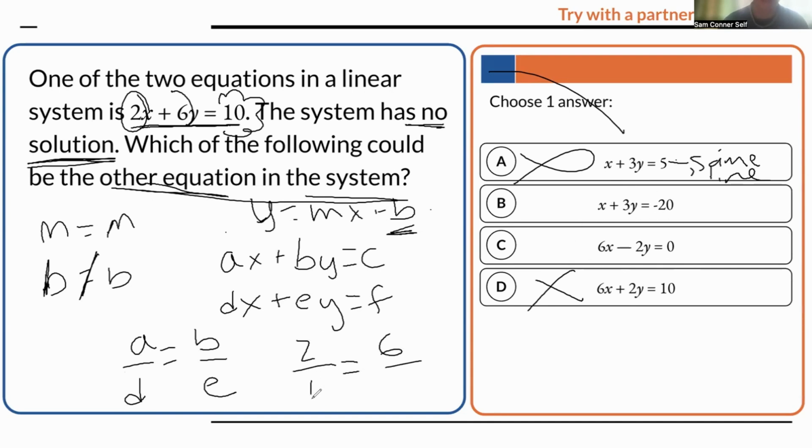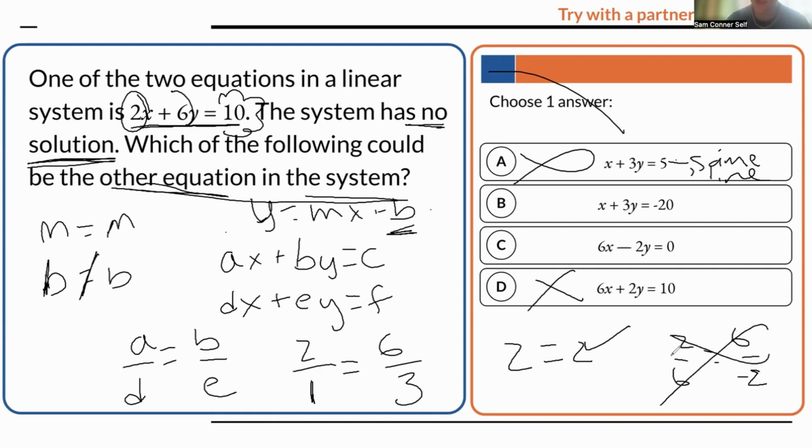So if it was going to be B, it'd be 2 over 1 is equal to 6 divided by 3, which would be 2 is equal to 2, which is true. But let's also try C. C would give us 2 over 6 is equal to 6 over negative 2, which is not going to be equal to the same thing.